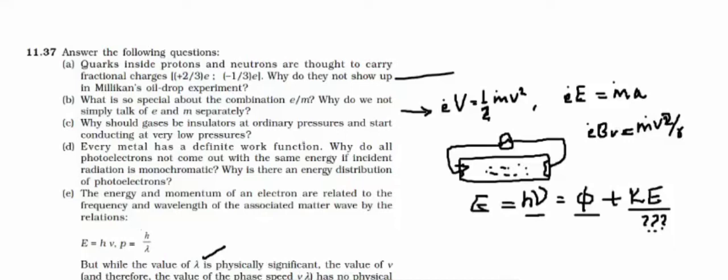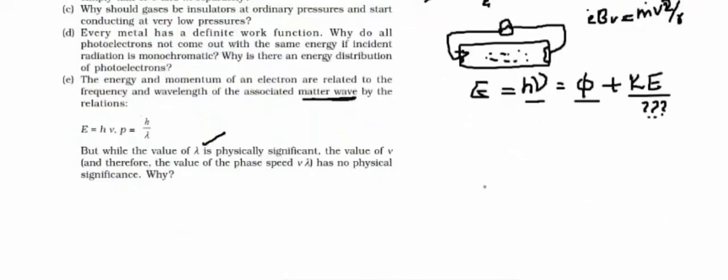In the case of matter waves, lambda is important because lambda is the central wavelength of the wave packet. So it is important, and lambda will give the feature of a wave packet.